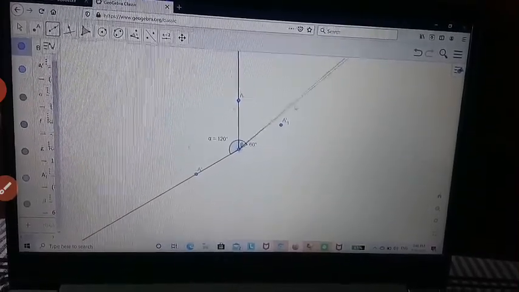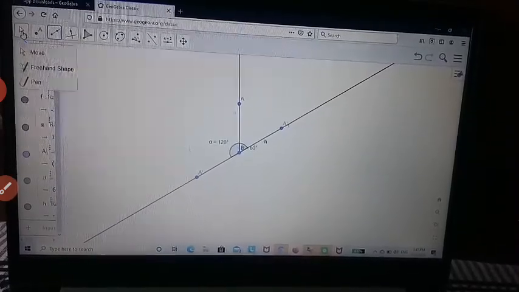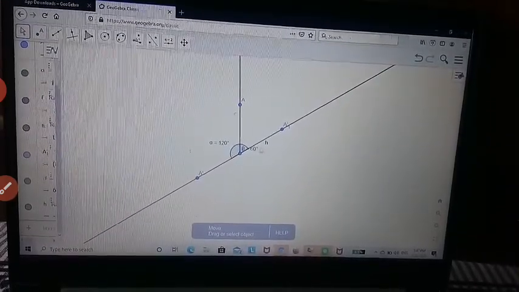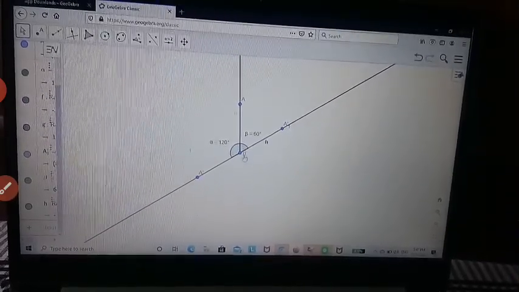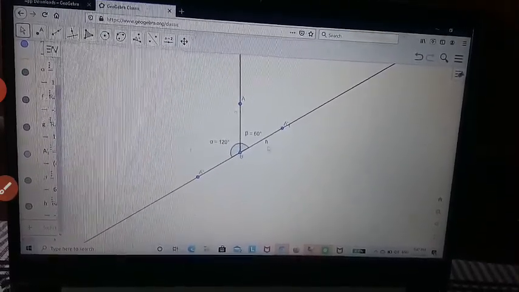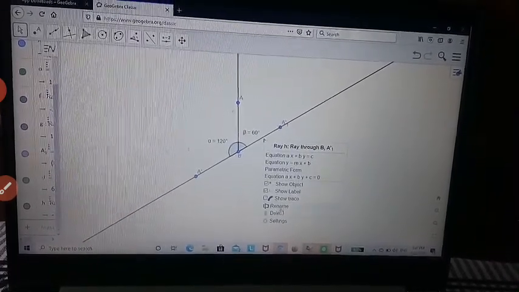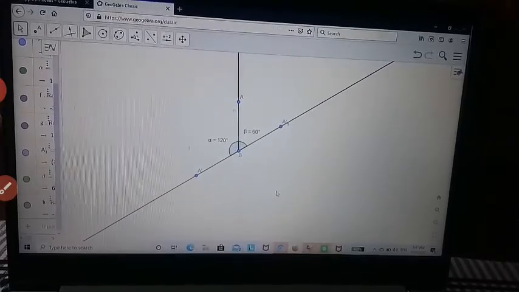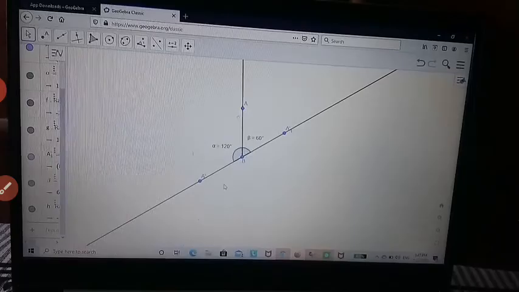Here BA, BA dash and BA1 dash are rays, as angles are made using rays. 120 degrees and 60 degrees are adjacent angles as they have one common vertex B, a common arm BA, and two non-common arms BA dash and BA1 dash.